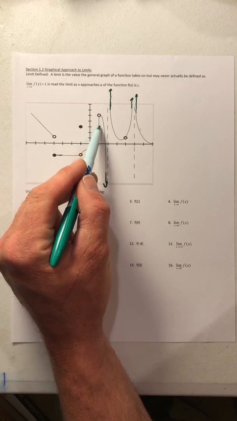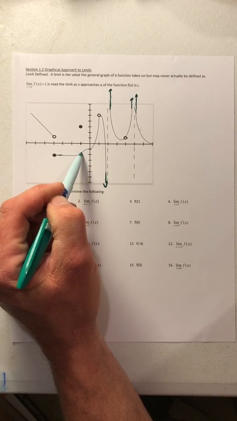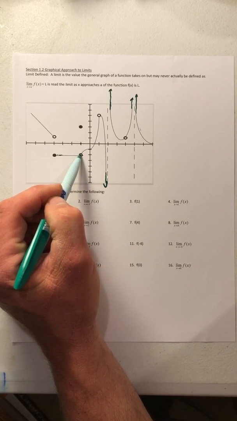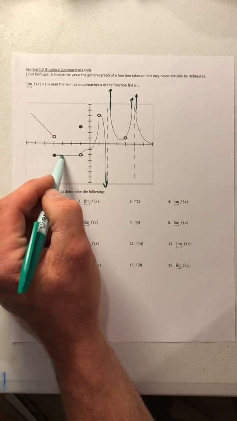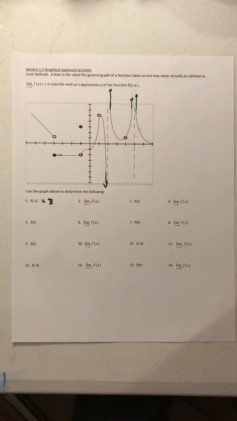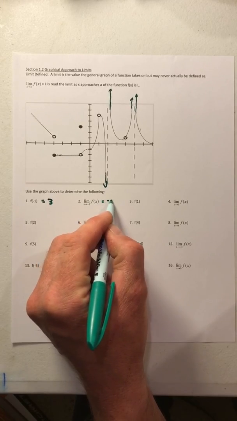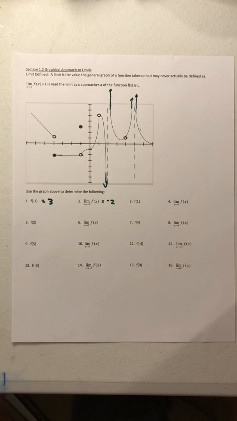On the right side, this graph is coming down. Little hiccup there, little bump, and it comes down into, again, that negative 2 value. So the two branches are coming together, and it looks like if we could, they would be coming together at negative 2. So we say the limit as x approaches negative 1 is negative 2.